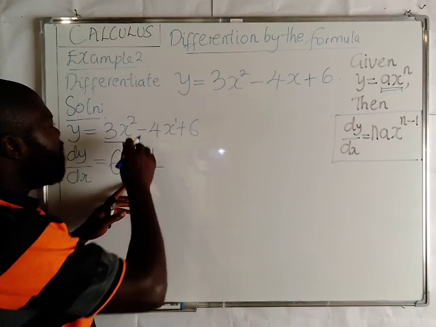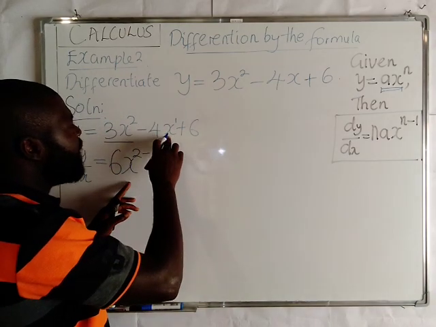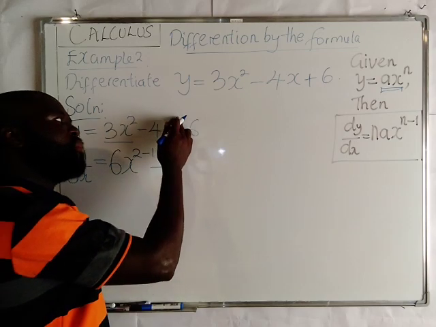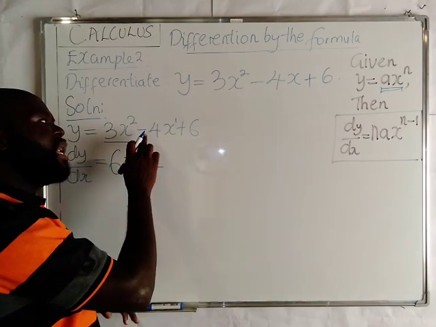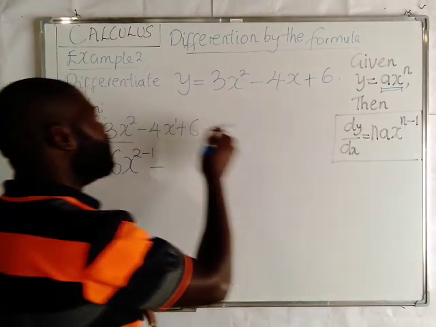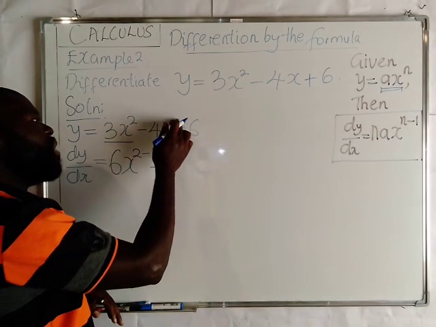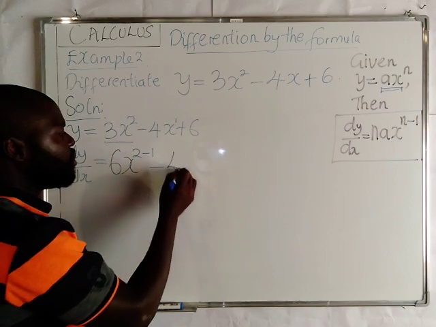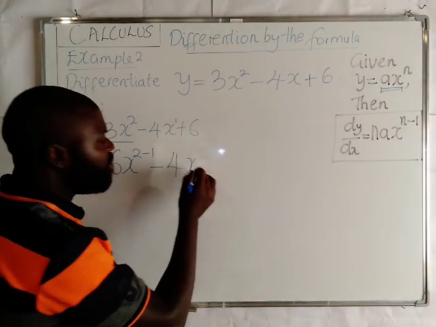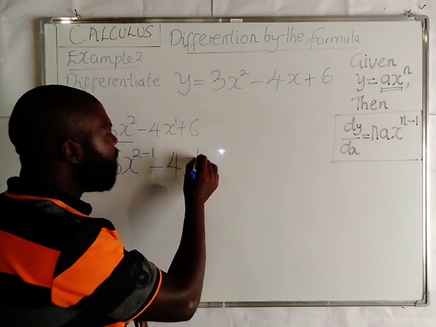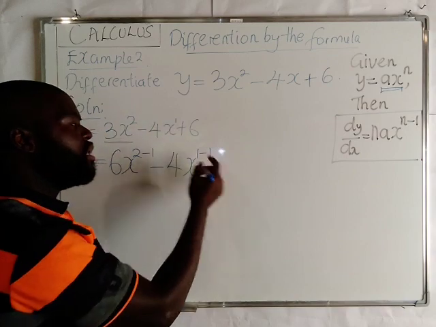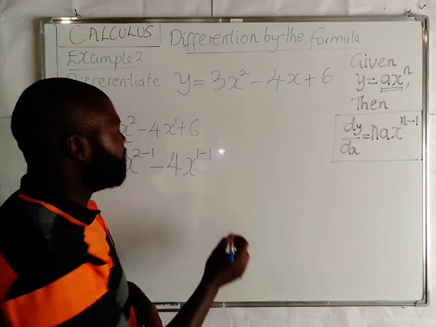So we have minus 4x power 1. So you can see our n is 1 and our a is negative 4. So we say na, so 1 times negative 4, we are going to get negative 4. Then the x will be maintained, and the power will reduce by 1. You can see the power was 1, it will reduce by 1.